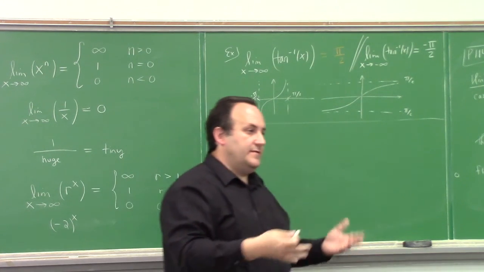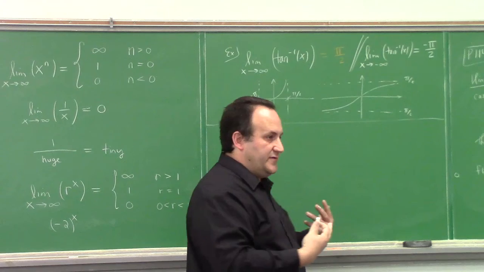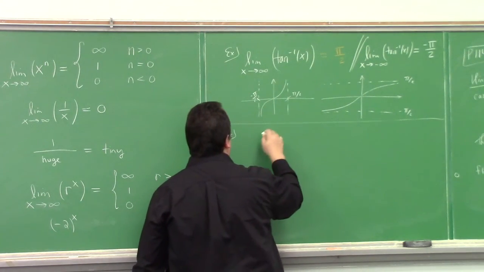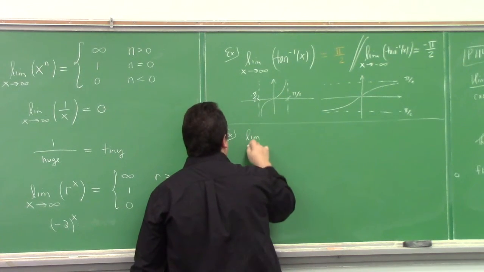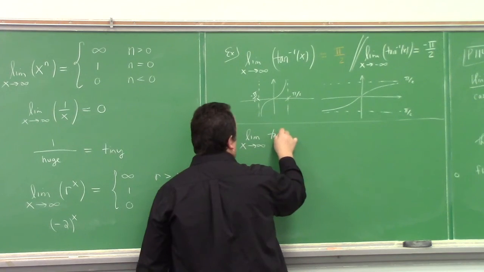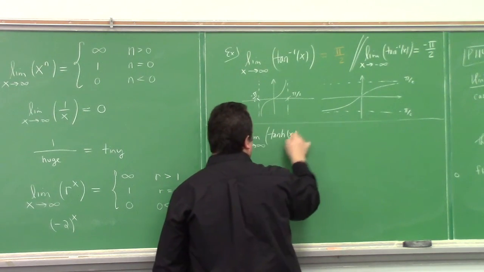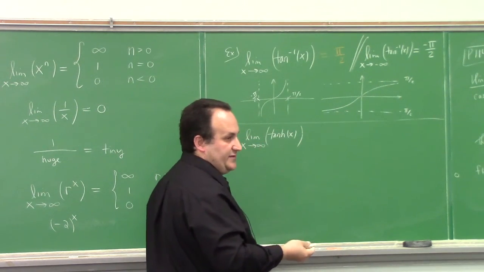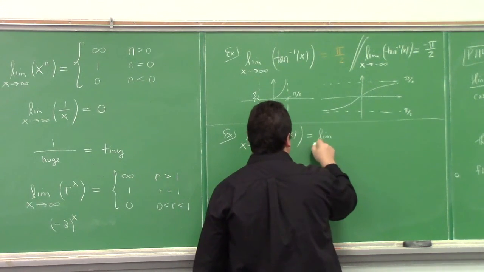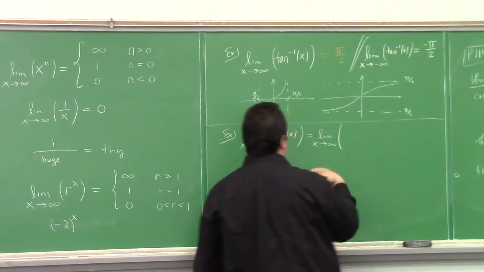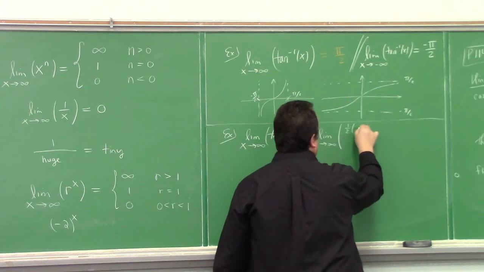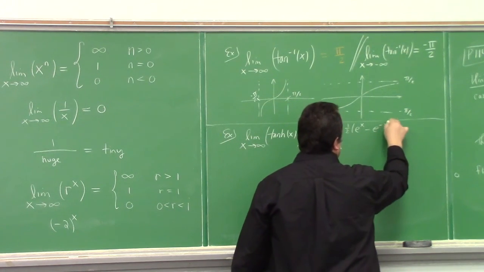There are other problems where I have to take an algebraic approach, and I think hyperbolic tangent is a good example. Tanh of x. So what is the hyperbolic tangent? It's sinh over cosh. Sinh is 1/2 times e to the x minus e to the minus x.